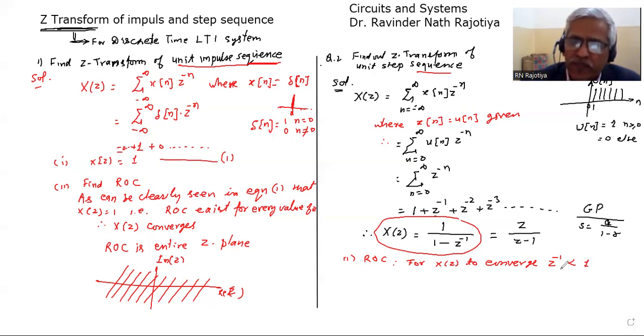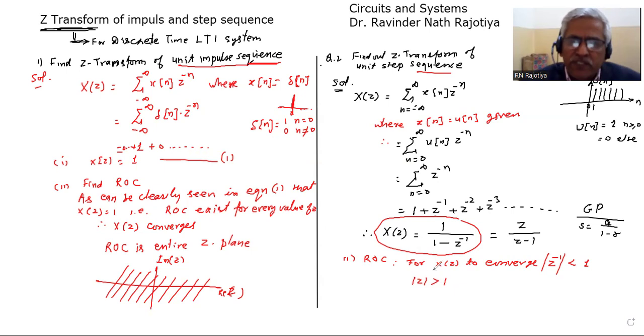Therefore 1 by z is less than 1, or z is greater than 1. So the ROC is for z greater than 1.